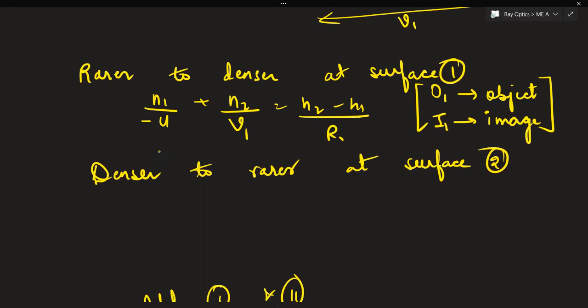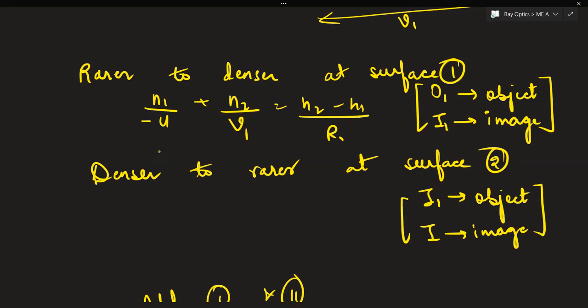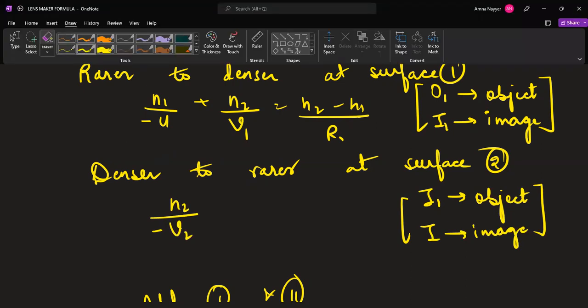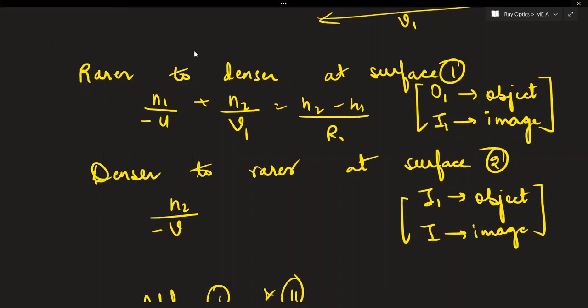But see, when you shift from denser to rarer at the second surface, I1, that is the intermediate image, acts as the virtual object, and the final image that is formed is I. So now how will we modify the formula? N2 by minus V2. Not V2, sorry, V1. V1 we have taken for the intermediate image as the object.